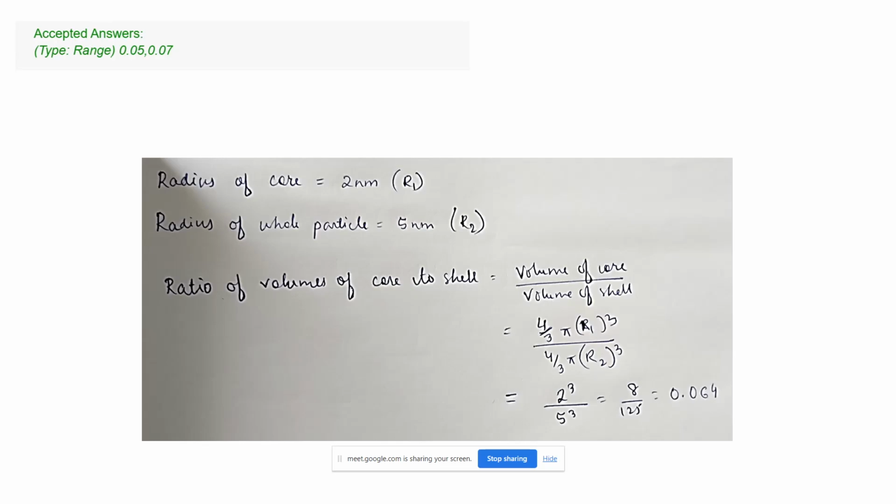So 0.064 is the correct answer. So if such questions are there, if your answer lies between the range of 0.05 to 0.07, it will be accepted as the correct answer.